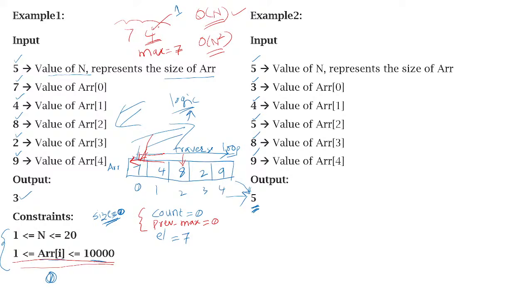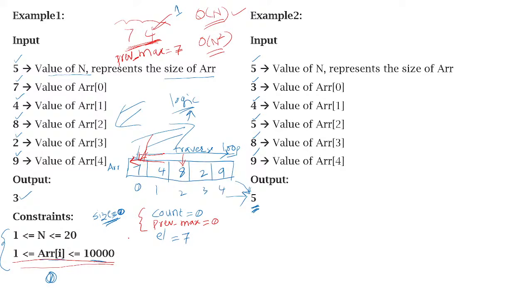No need to compare with all previous elements. This point you should remember. So always I store this previous maximum in a variable called previous max. Previous max indicates the maximum of all the previous elements of the current element.